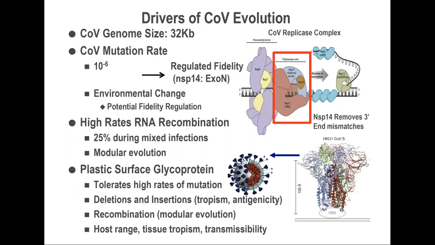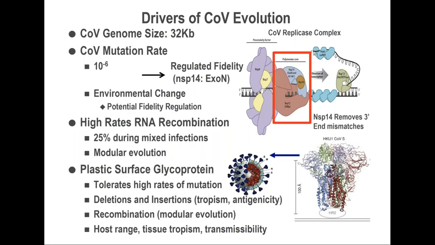The drivers of variation in the spike glycoprotein are summarized on this slide. Coronaviruses have a mutation rate of about 10 to the minus 6. This is from its RNA-dependent RNA polymerase, which has a higher mutation rate.